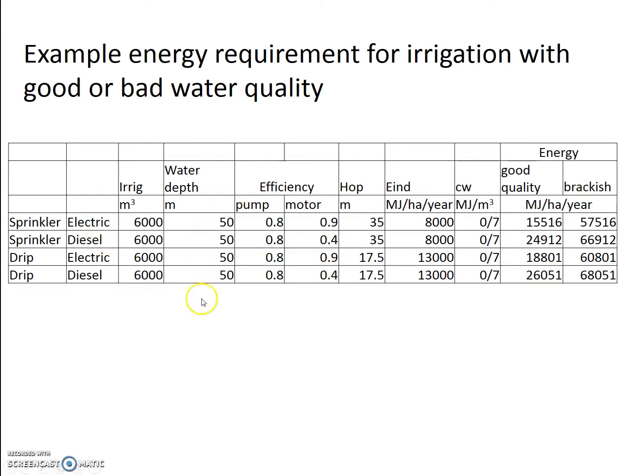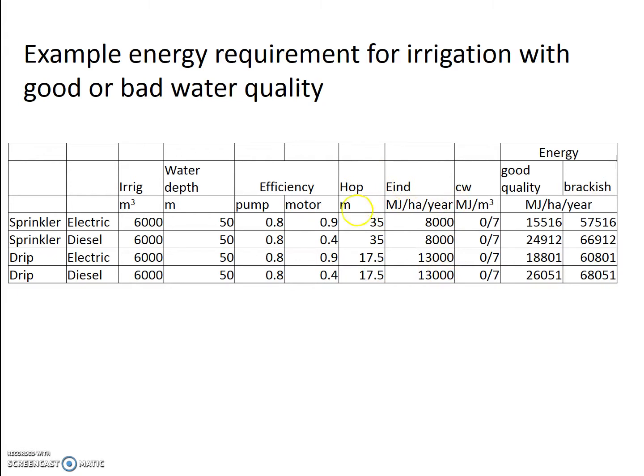The water depth is 50 meters. Here in the table we have assumed a pressure requirement of 35 meters for a sprinkler and half of that for drip irrigation.